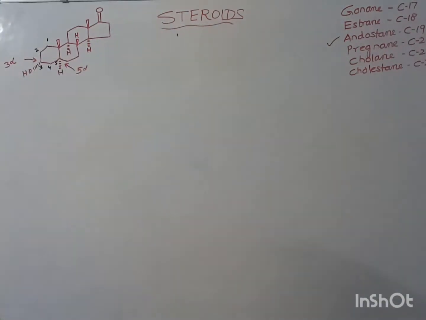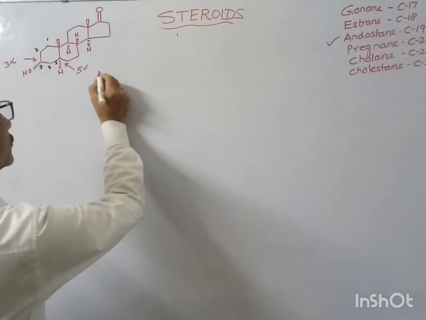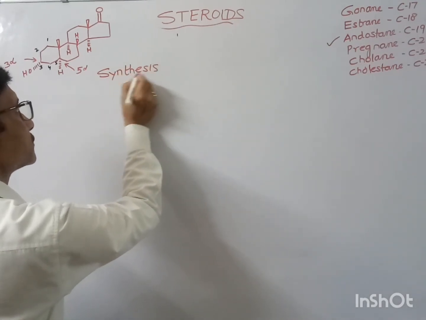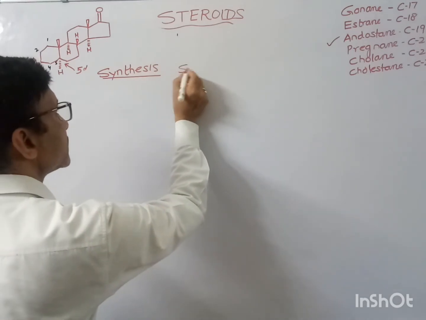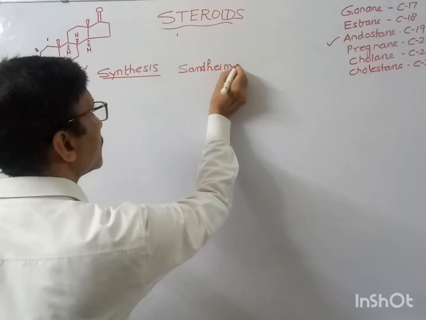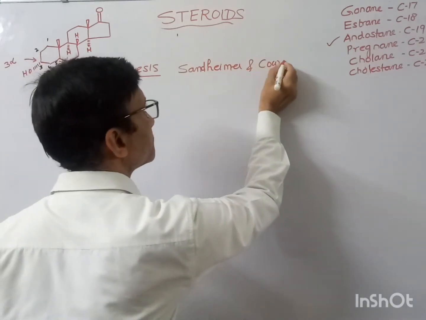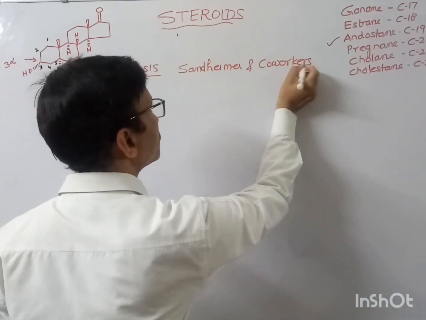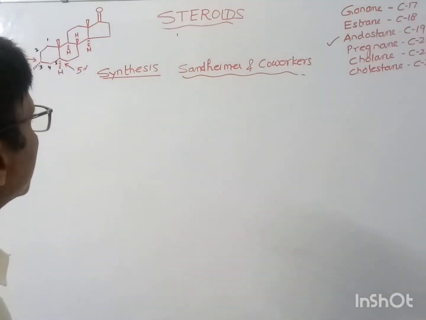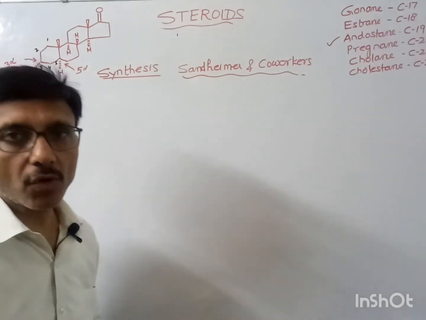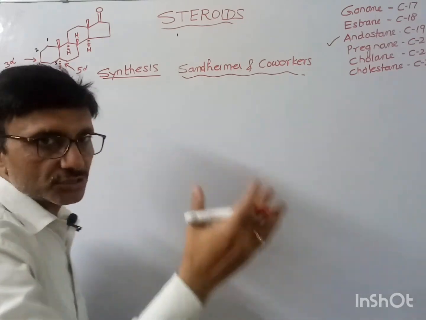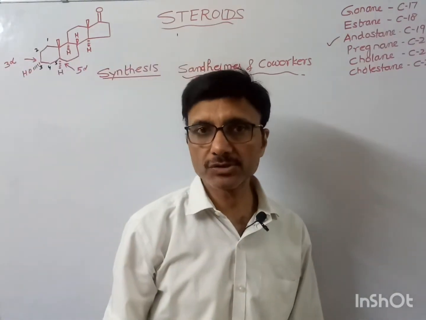Okay, now let's see the synthesis of testosterone, which was given by Ruzicka and co-workers. The synthesis was done starting from androsterone, because the structure of androsterone had been proved.